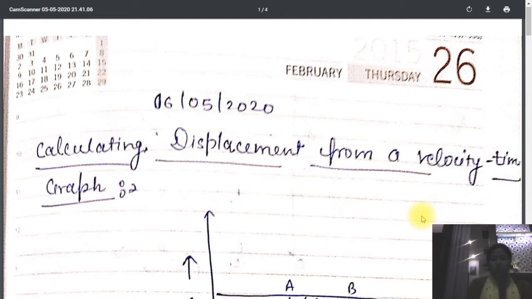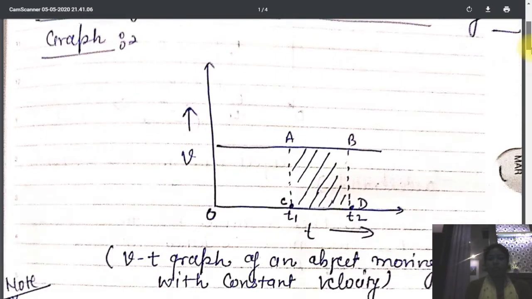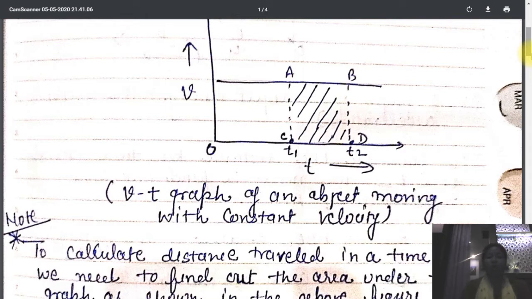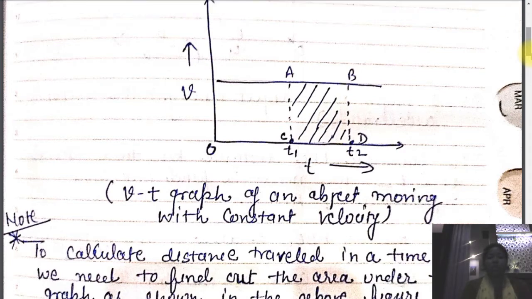So whenever we are talking about calculation of distance or displacement from the velocity-time graph, the very first condition we have is the velocity-time graph of an object moving with constant velocity.